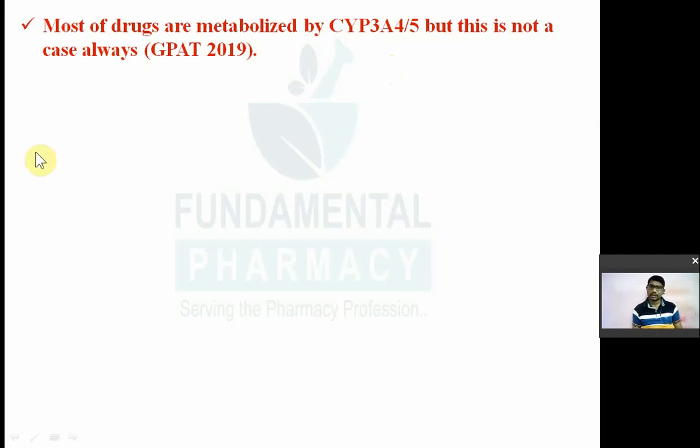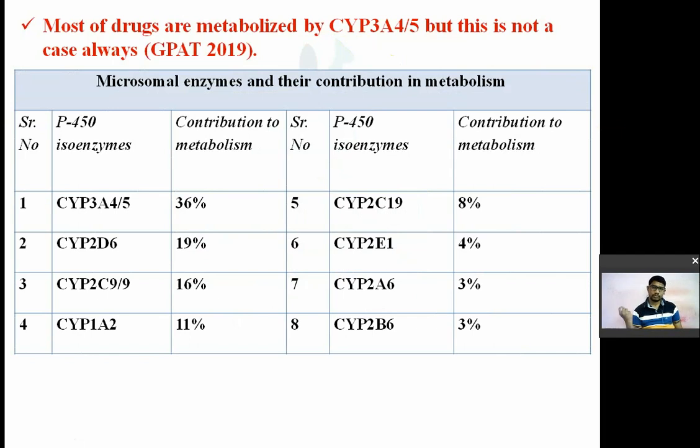Now we'll see the different enzymes involved in metabolism: microsomal enzymes and their contribution in metabolism. A question has already come on this, that most of the drugs are metabolized by CYP3A4/5. Here is the list of different cytochrome P450 isoenzymes and their contribution in metabolism. The cytochrome P450 enzymes are named so because they absorb UV radiation, with absorption maximum at 450 nanometer.